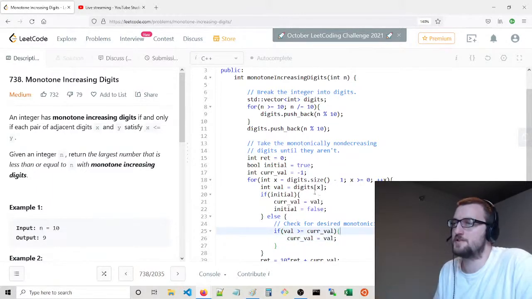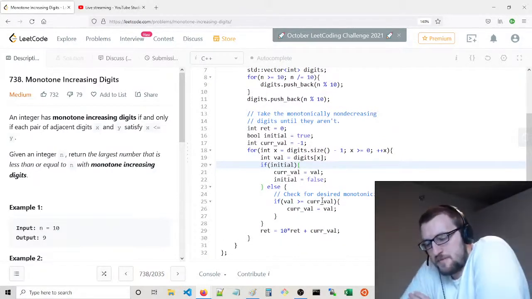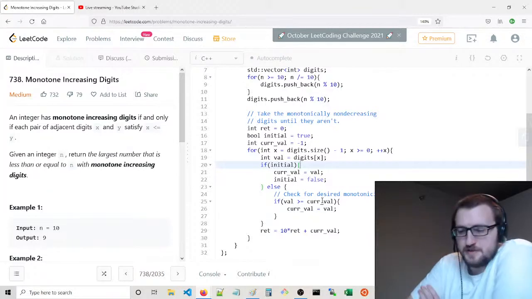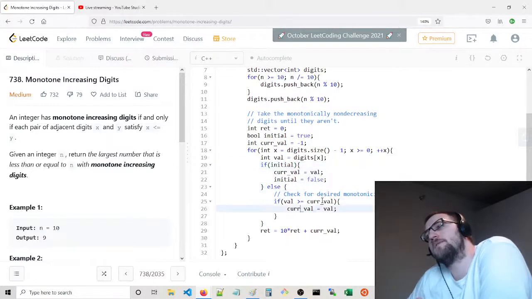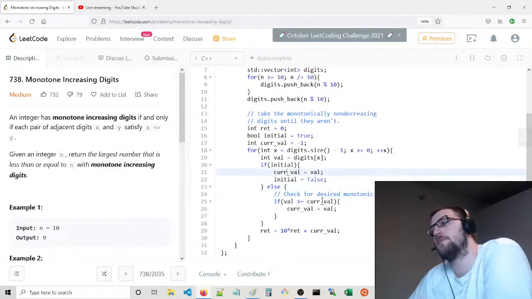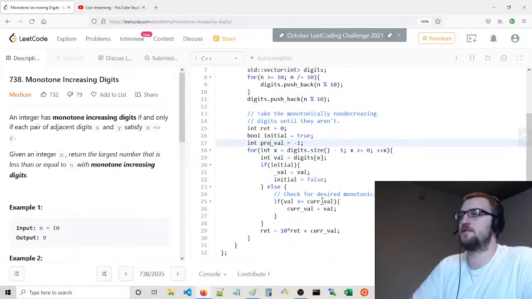We want to look ahead as well, because yeah, that's a tricky thing. So I guess this technically is the look ahead. If the val that we're looking at now is greater than or equal to current val or previous val, it's probably better. And maybe previous value is what we want.